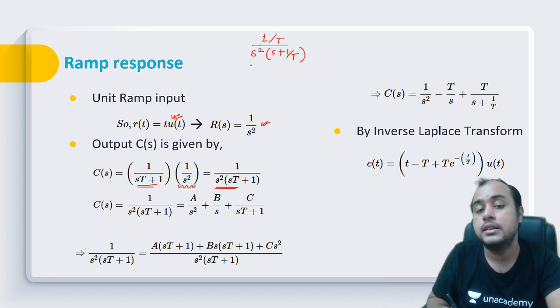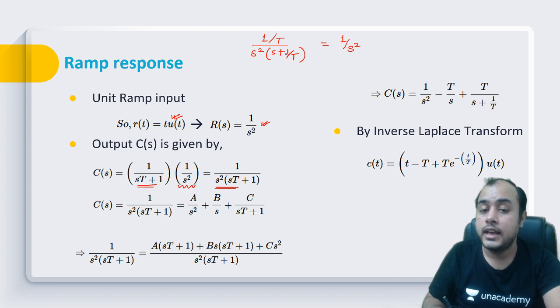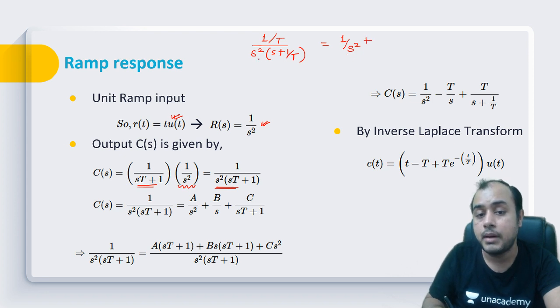Now my dear, if you want to find the coefficient of 1 by s square, you will keep s equal to 0 in the remaining function. If you want the coefficient of 1 by (s plus 1 by T), you keep minus 1 by T in the remaining function. Minus 1 by T whole square is 1 by T square.